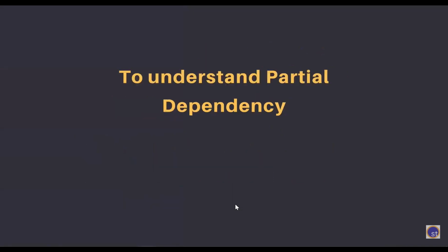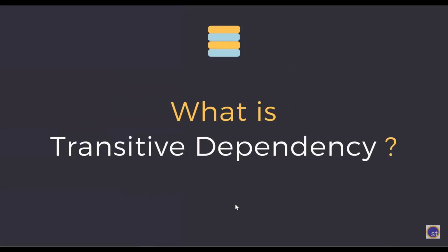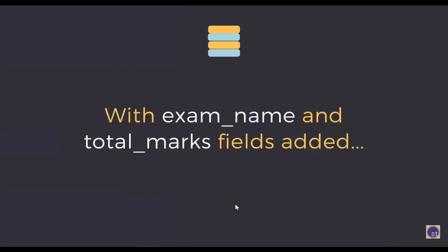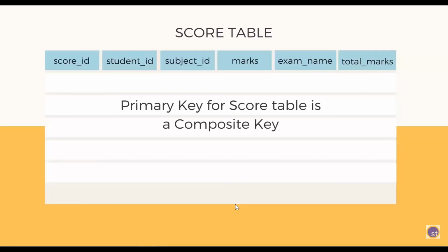To understand what partial dependency is once and for all, watch our video for the second normal form. So what is transitive dependency? With exam name and total marks fields, our score table now looks like this. The primary key for our score table is a composite key, made up of two attributes or columns, student ID plus subject ID.